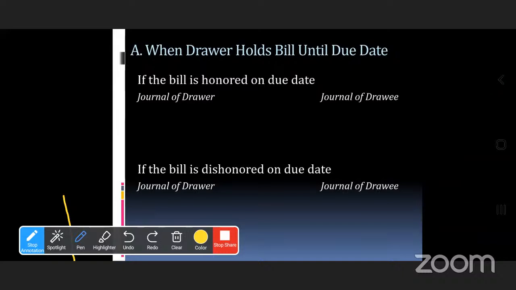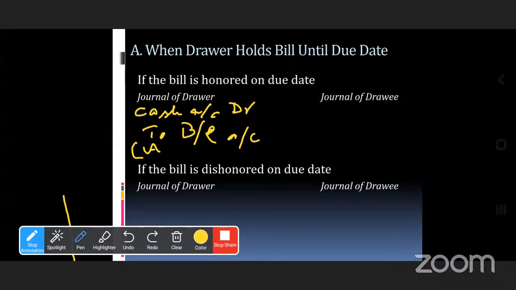That is cash account debtor to bills receivable account. So we will be giving narration as amount of bill received.